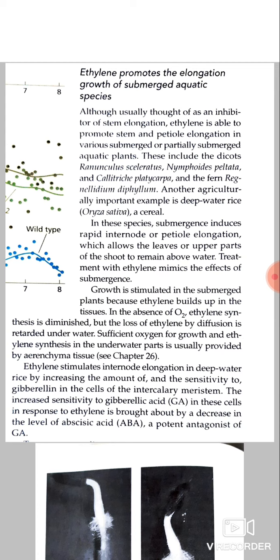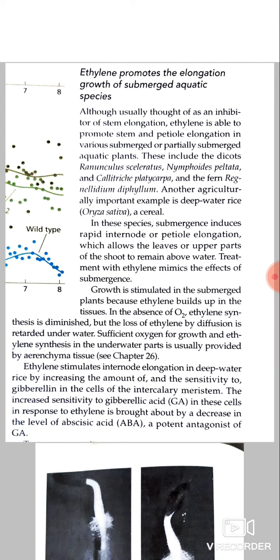Ethylene synthesis is diminished, but the loss of ethylene by diffusion is retarded underwater. Sufficient oxygen for growth and ethylene synthesis in the underwater parts is usually provided by parenchyma tissue.